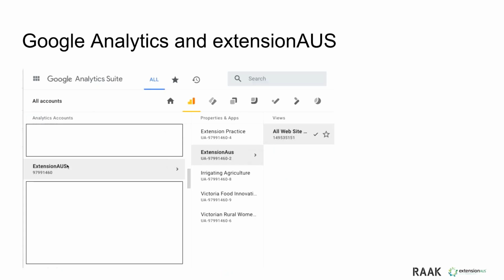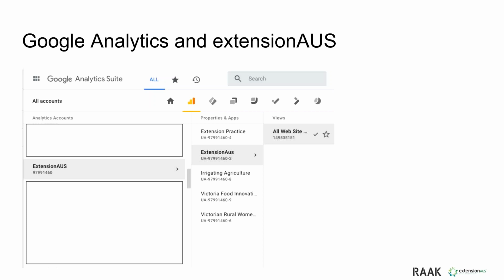I've quickly done that again, so you see how that would work for extensionAUS. I've grayed out the other boxes because they are some of our own accounts. But there you see on the left-hand side the Google account, extensionAUS, and then in the middle the properties: extensionAUS practice, the extensionAUS website, the main website, irrigating agriculture, Victoria Food Innovation, and Victoria Rural Women's Network.